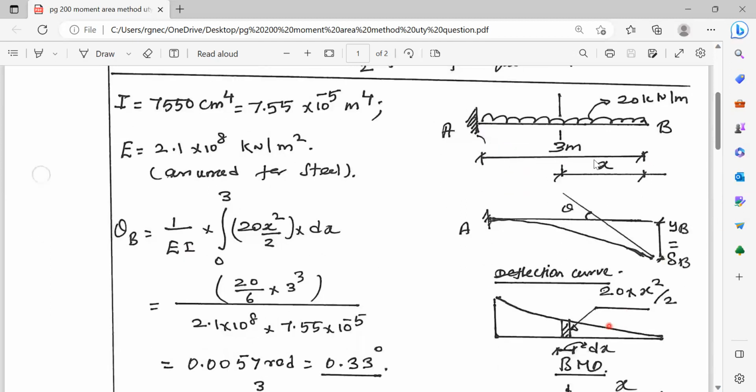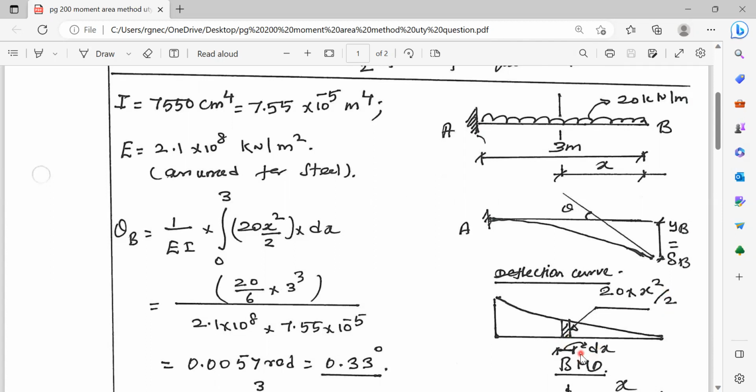At any distance x from the point B, the bending moment is given by 20 into x, which is the load, and its arm distance is x by 2. Therefore, bending moment at any distance x is equal to 20 into x square by 2. This is the bending moment ordinate.